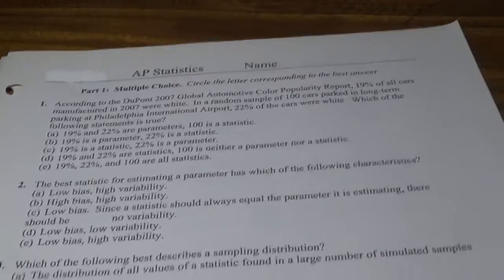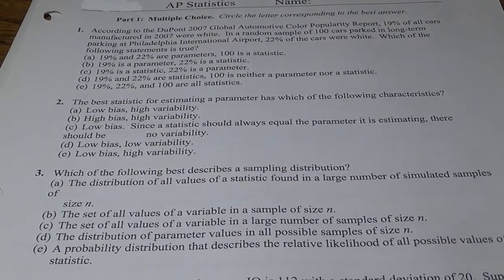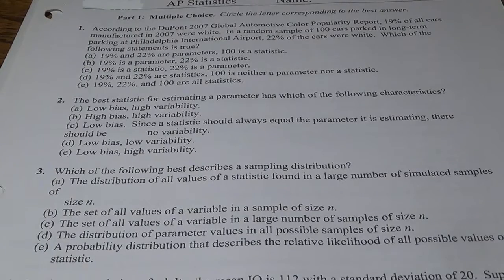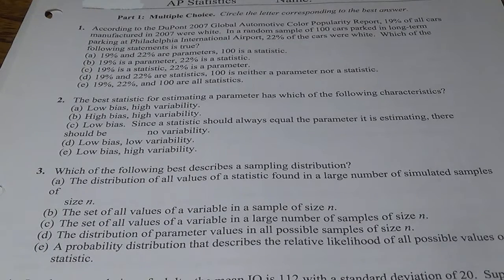Which of the following best describes a sampling distribution? I'm going one by one. It says the distribution of values of a statistic found in a large number of simulated samples of size n.